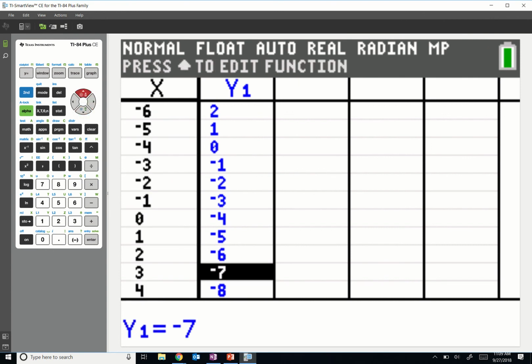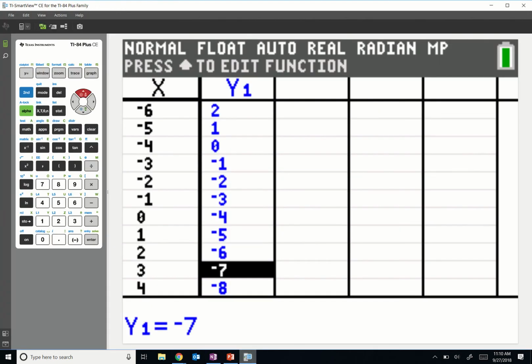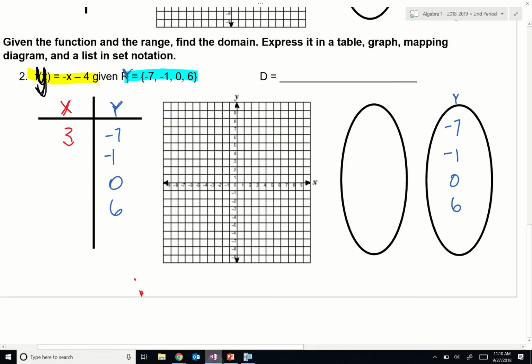On the right side, when I've highlighted -7, who is its partner on the left side? Look, there you go. It's +3. So on my notes, I've got to put a +3. Are we okay with that? Yes? Who is -1's partner? -3. What about zero? And 6?